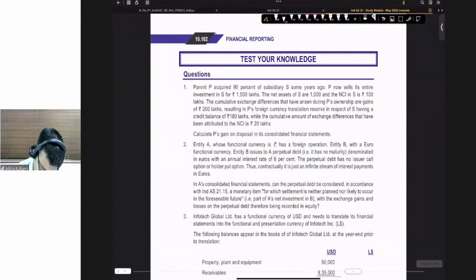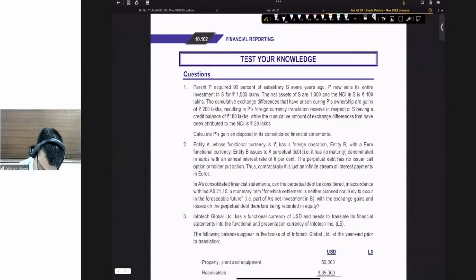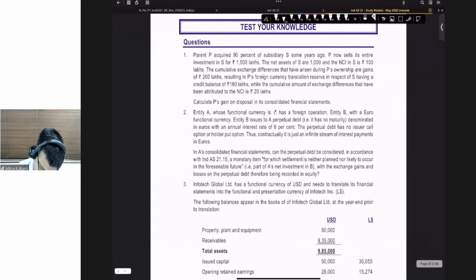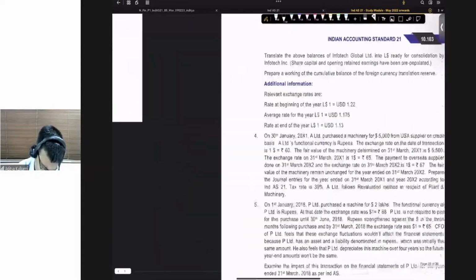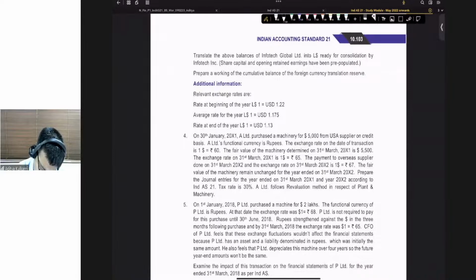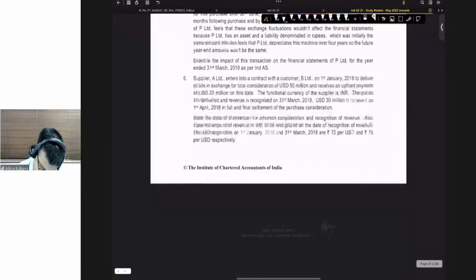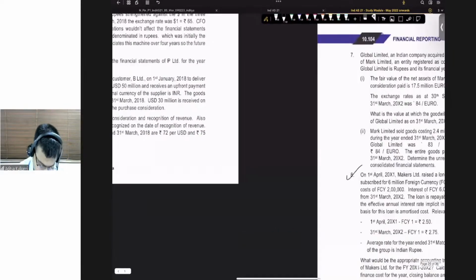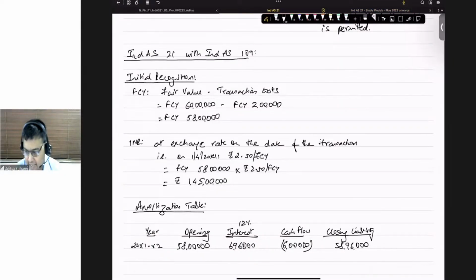The remaining ones are for tomorrow, Saturday. We have done question number 4 and question number 5 also. So these parts are all done. All right, let us take a look at this question.